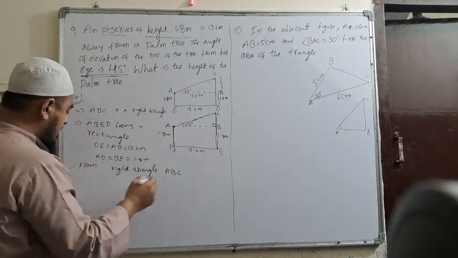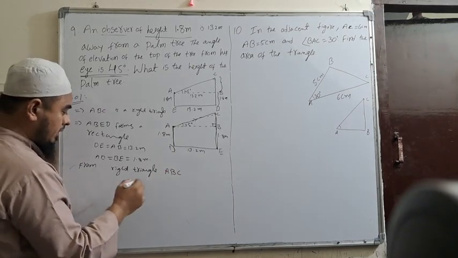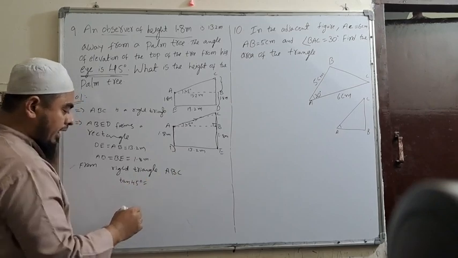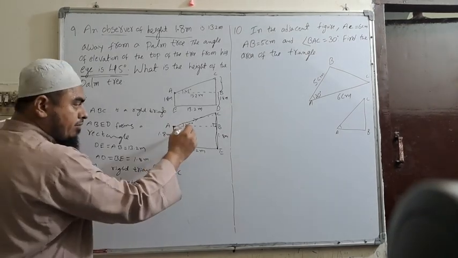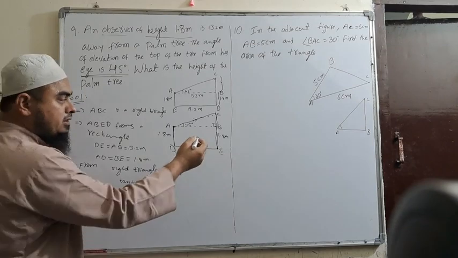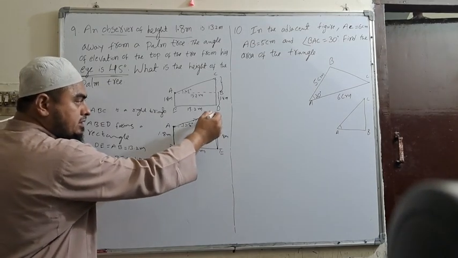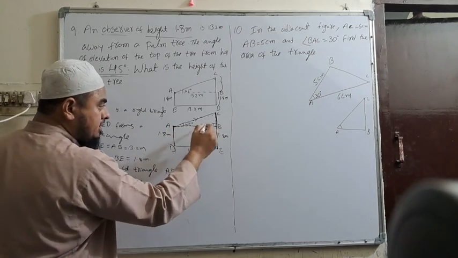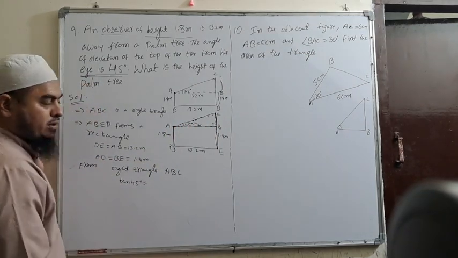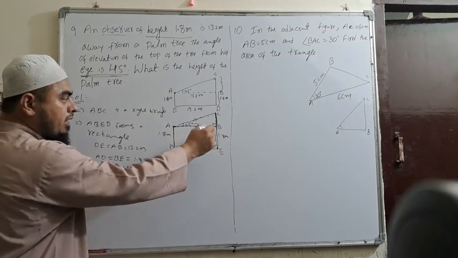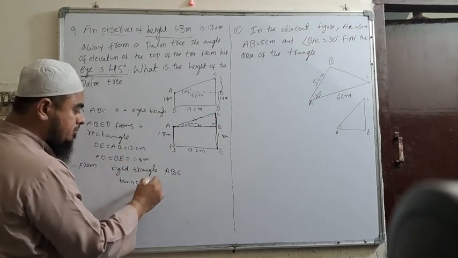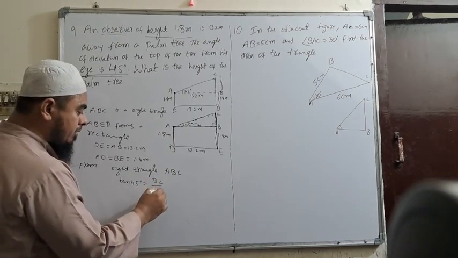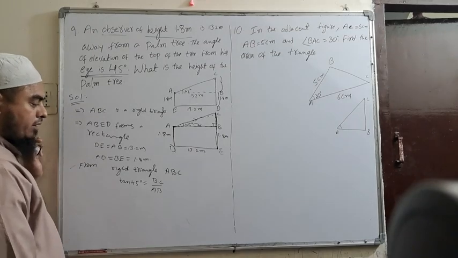So from right triangle ABC, tan 45, by definition of tan theta, is nothing but the opposite side length, that is BC, divided by the adjacent side to 45 degrees, that is AB. So length of BC divided by length of AB gives tan 45.